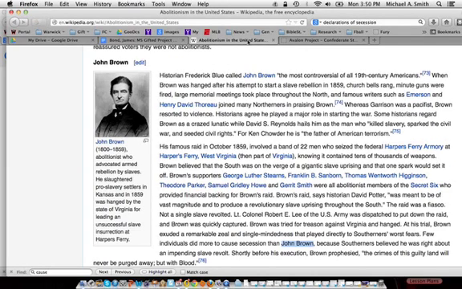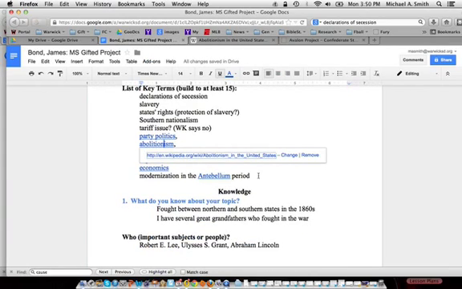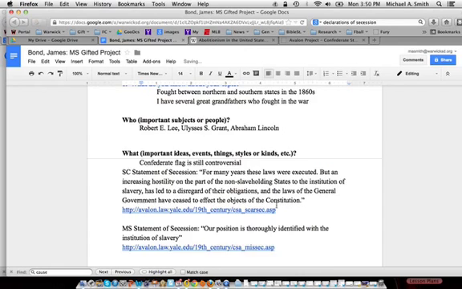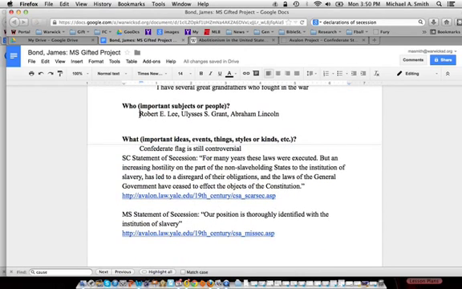Here's a person that we ought to make note of and add to our key terms. We can put him down under our important who's, and we should look up John Brown and see more about him. As you start looking at the people involved, yes, Robert E. Lee and Ulysses Grant were involved in the Civil War, but you're going to find they didn't have much to do with the causes of the Civil War.